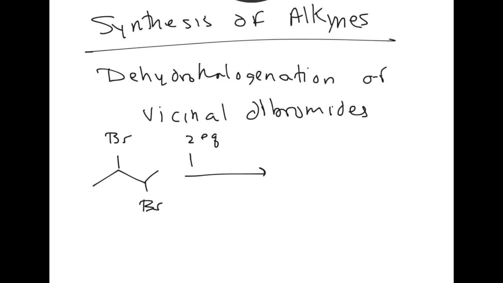You use 2 equivalents of KOH. Usually you have to heat it. If I forgot the little heat thing in one of the old exams, trust me, you heated it, and you'll make an alkyne.